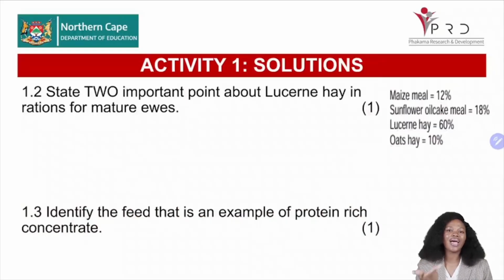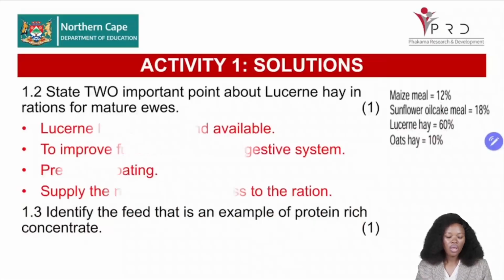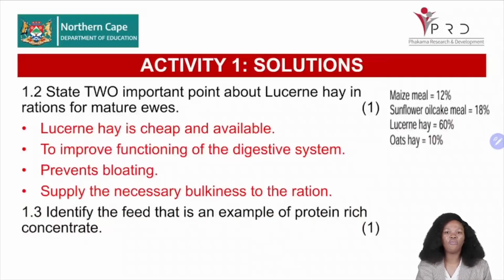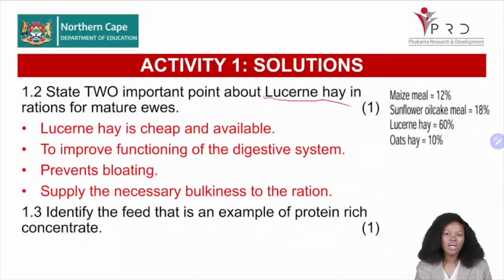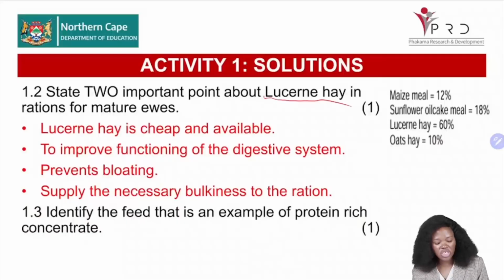Remember, we have already discussed the functions of roughages. Now, the importance of lucerne hay, which is a roughage. Firstly, lucerne hay is cheap and it is available. Secondly, it improves the functioning of the digestive system.